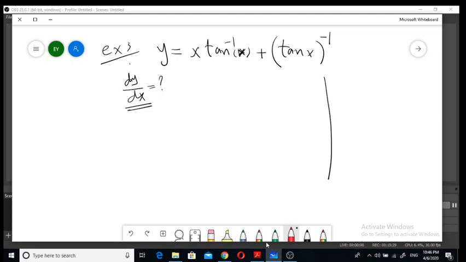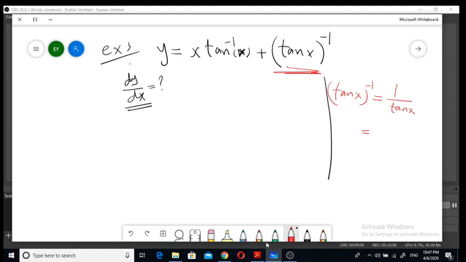But first we have to know that we can solve this term by the power rule, or we can convert it to cotan x, because tan x all to the power -1 is like x to the power -1. So it will be 1 over tan x.